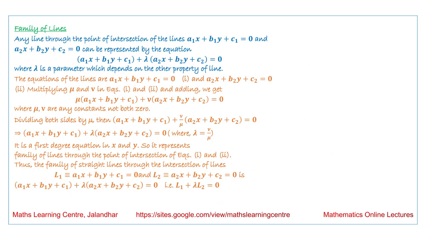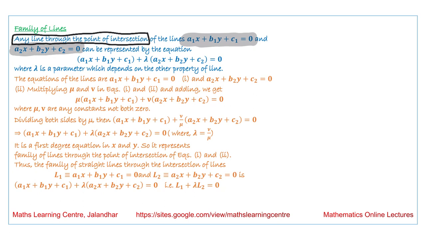Next topic we have is the family of lines, and we are talking about any line passing through the point of intersection of two lines. These are the two lines given to us. One is a1x plus b1y plus c1 is equal to 0, and second is a2x plus b2y plus c2 is equal to 0.